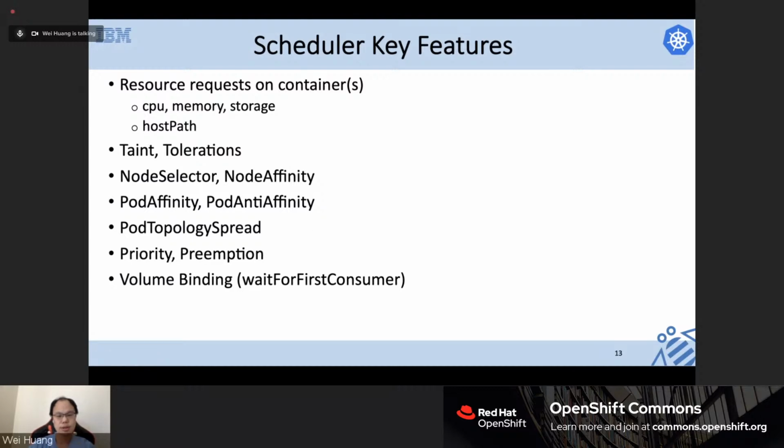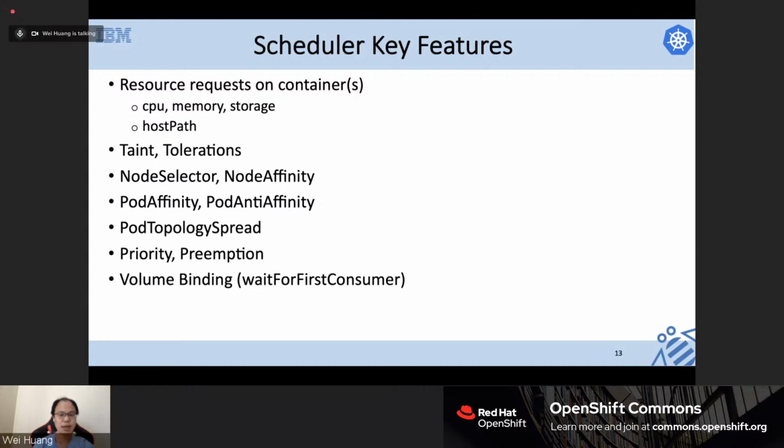So here's just a summary of the key features of the scheduler. If your workload spec asks for some specific resources, no matter whether it's the default resources like CPU, memory, storage, or some extended resources like nvidia.com/gpu or whatever extended resources you define, the resource fit request goes to the scheduler.